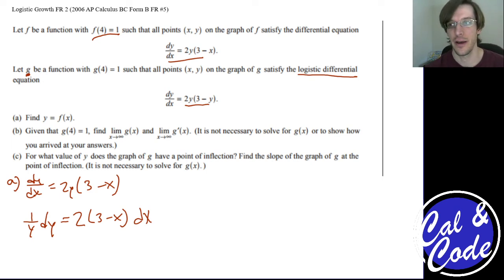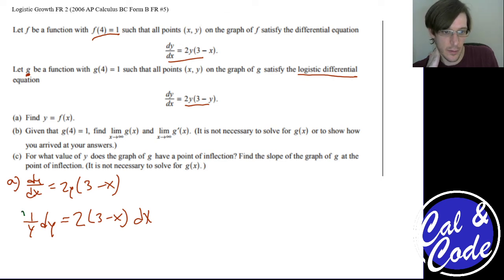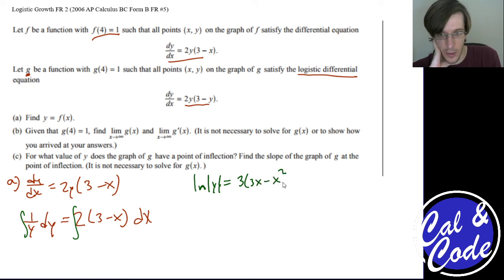I just don't want to forget to handle it properly when I'm integrating. So I typically try to leave any constants on the right-hand side. Then I'm going to integrate both sides. When we integrate, we get the natural log of the absolute value of y is equal to 2 times 3x minus x squared over 2 plus c.